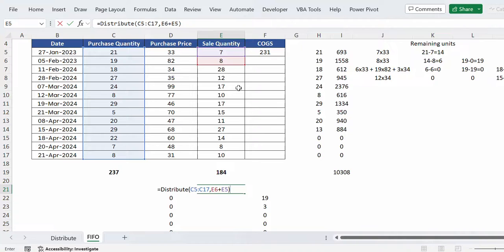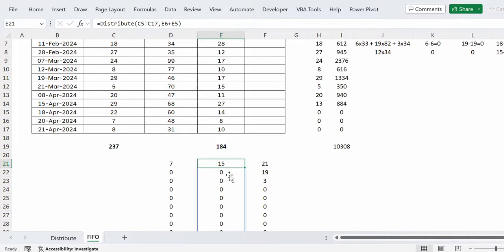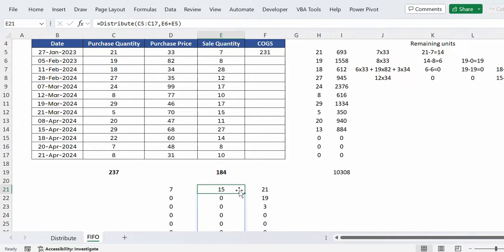So we will distribute them both here, and we got 15 here. And if we observe the pattern here, ideally we must have got 8 here in order to get the correct result. And if from this 15 we subtract this 7, we will get 8 here, right?